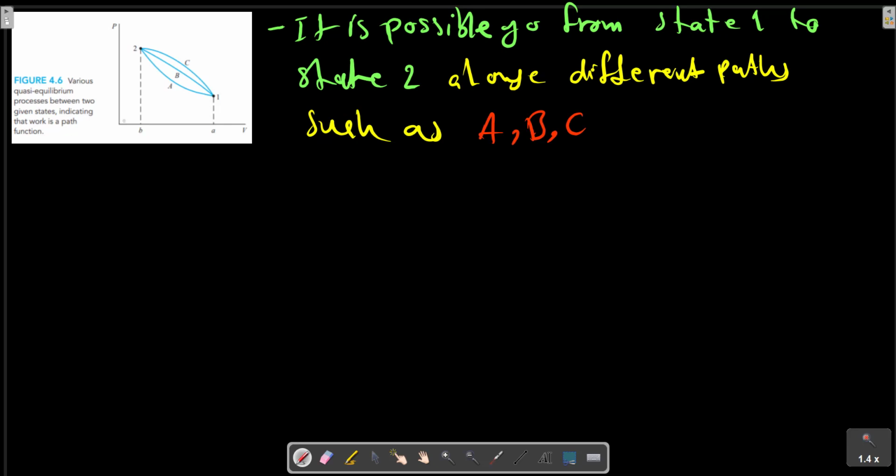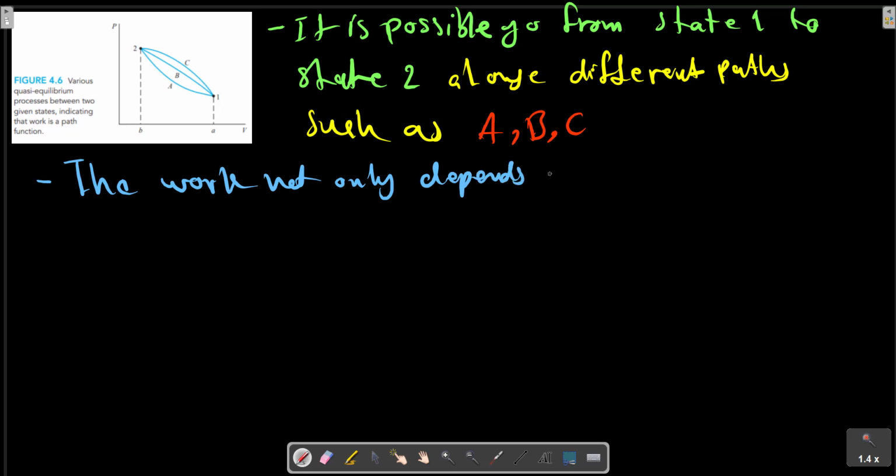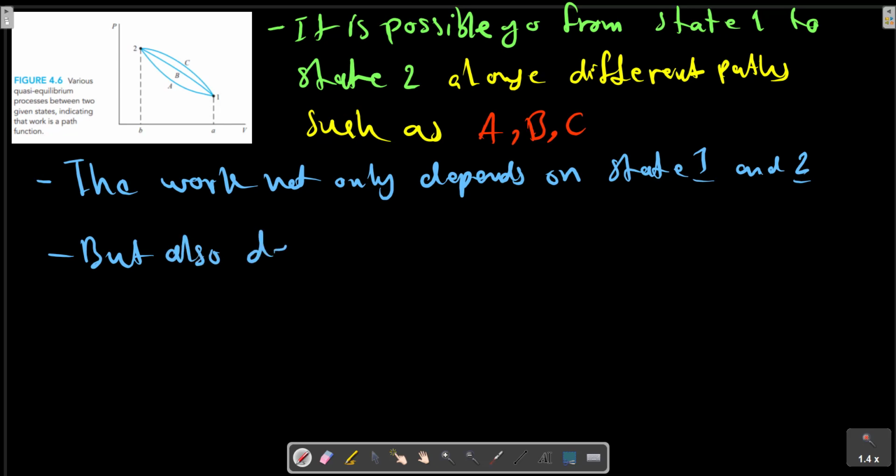So from this expression we can conclude that the work not only depends on states 1 and 2 but also depends on the path.